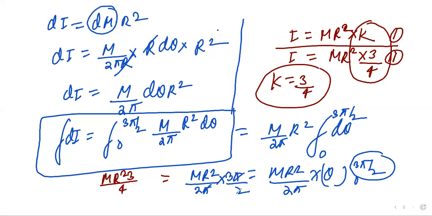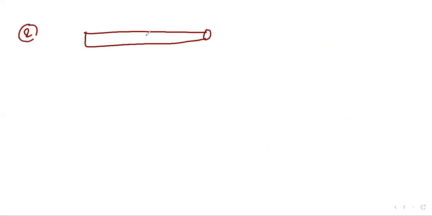Now see the next sum. Two particles of masses 5 kg and 10 kg respectively are attached to the two ends of a rigid rod of length 1 meter. So there is a rod, and the two ends are connected, one with 5 kg and another with 10 kg.